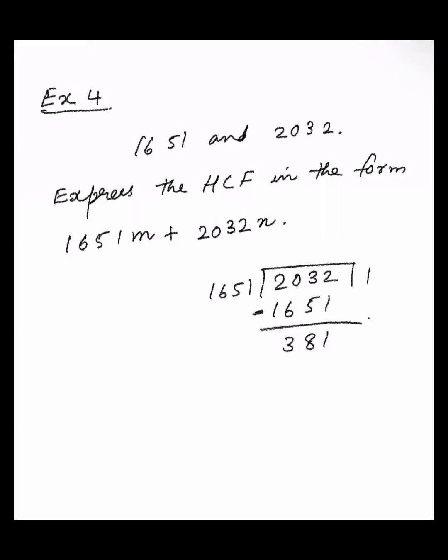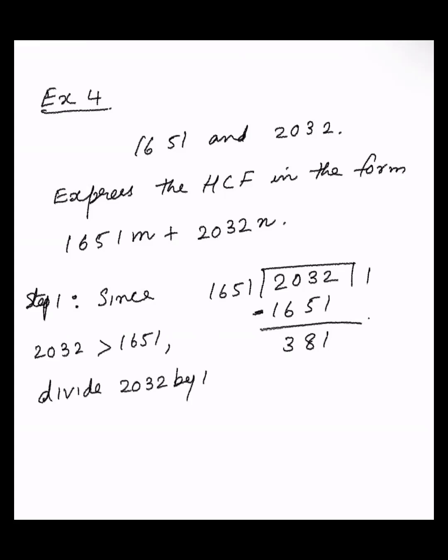So we need to write some steps. Step 1: since 2032 is greater than 1651, divide 2032 by 1651.